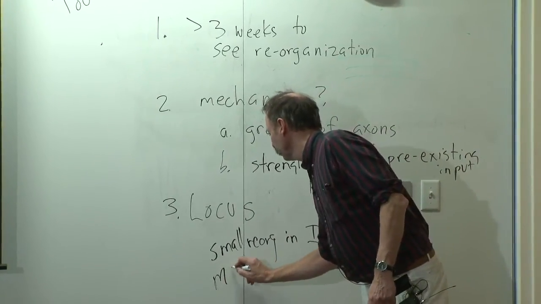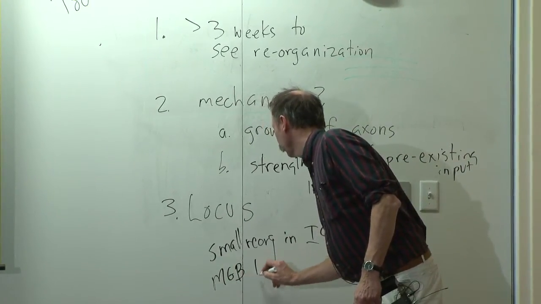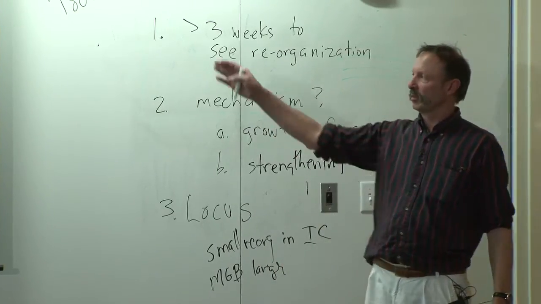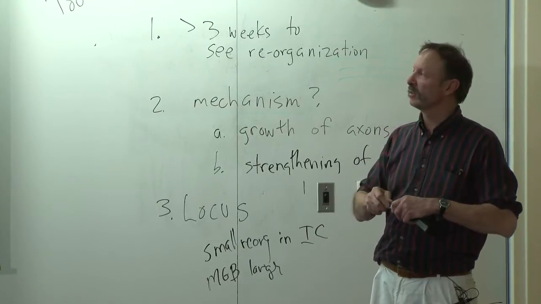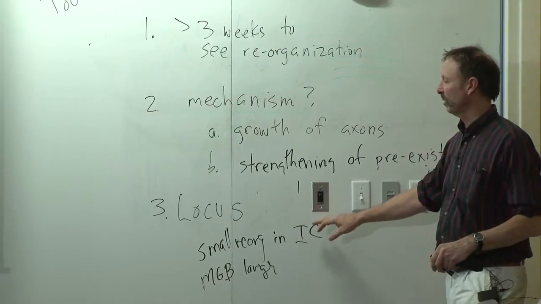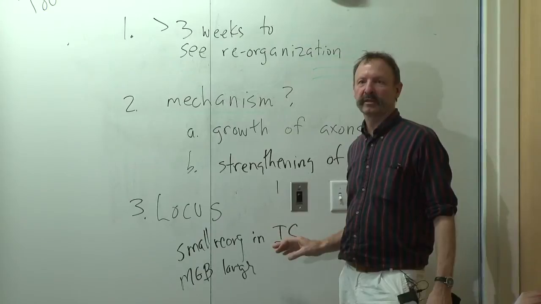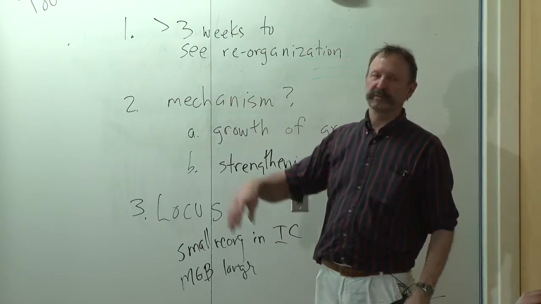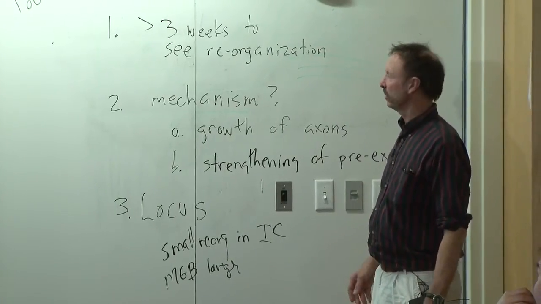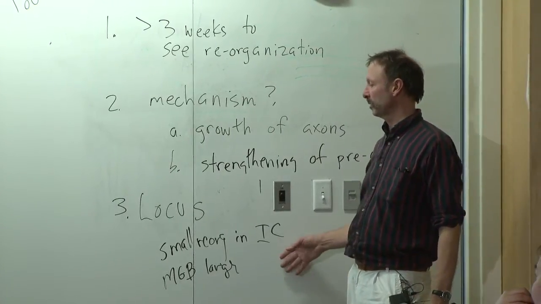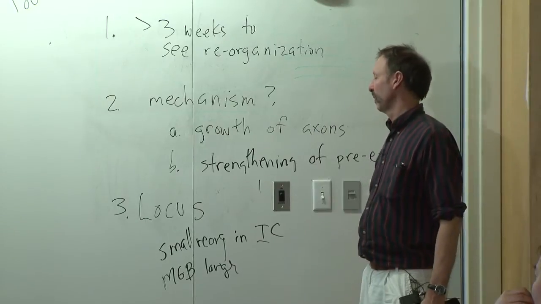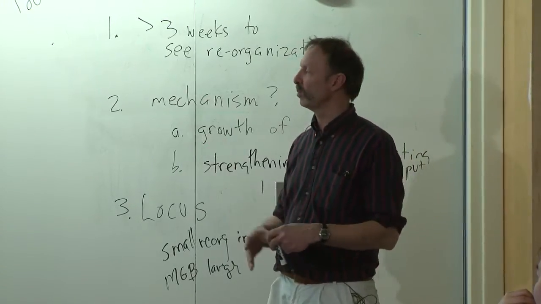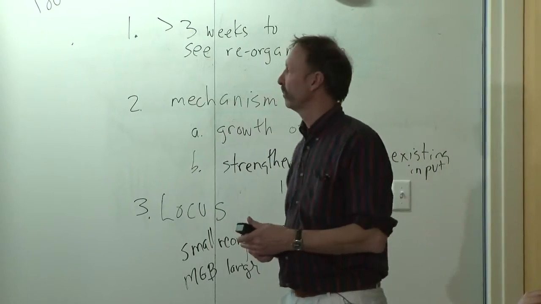And maybe in the medial geniculate body, you have a larger reorganization, but probably not quite as much as in the auditory cortex. So there may be a little bit of reorganization in IC, a little bit in MGB, and then further reorganization in auditory cortex. So that has been looked at, and the answer is that at all of these higher levels there is reorganization, but there's maybe more as you go higher in the pathway.